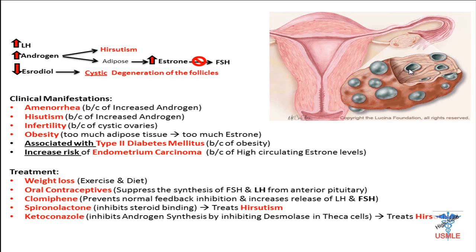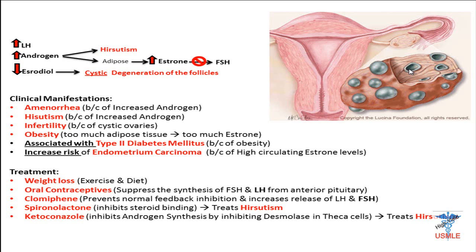Here our target is LH because we have too much LH in this disease. We can also use clomiphene, which prevents the normal feedback inhibition, and it's going to increase the release of LH and FSH. So here our target is increased release of FSH and preventing the negative feedback caused by estrone.